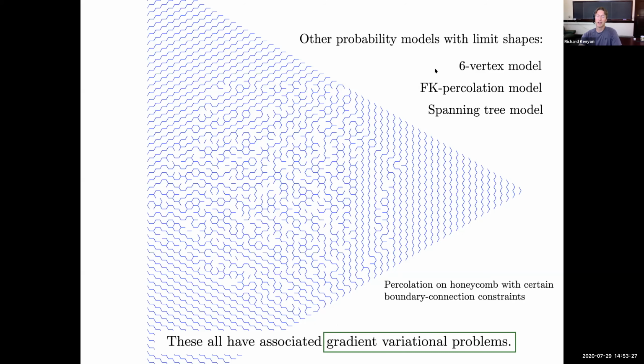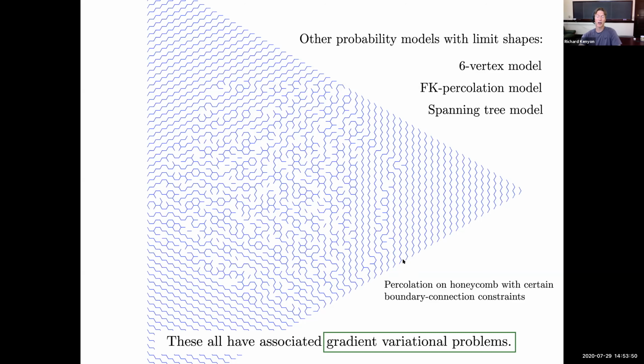I mean, the 6-vertex model naturally has a height function interpretation. You may not be aware that even the basic percolation model, here's a percolation on a honeycomb graph, you can kind of see a limit shape arising for this particular kind of boundary conditions.